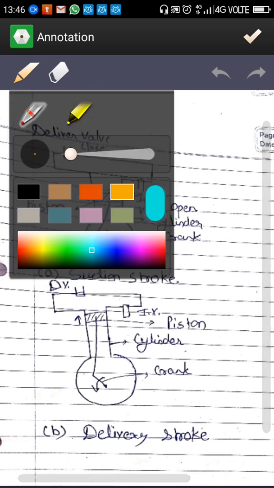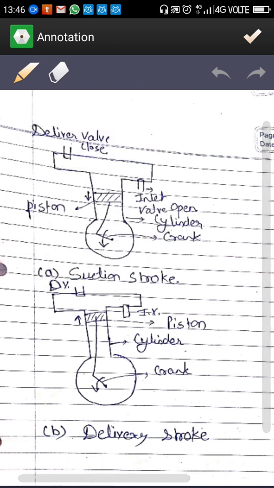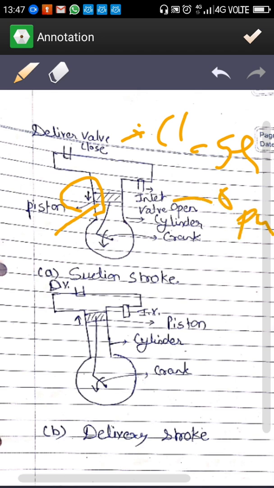What is happening in the suction stroke? This piston is moving downward. Just see here, this piston is moving downward, creating suction. At this time the delivery valve remains closed, and this inlet valve remains open. So through this, air comes in, and this valve remains closed. This is the suction stroke. And what is the delivery stroke?